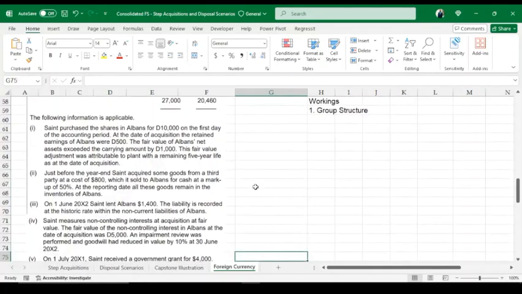So we have additional information. The following information is applicable. 1. Saint purchased the shares in Albans for $10,000 on the first day of the accounting period. At the date of acquisition, the retained earnings of Albans was $500. The fair value of Albans' net assets exceeded the carrying amount by $1,000.